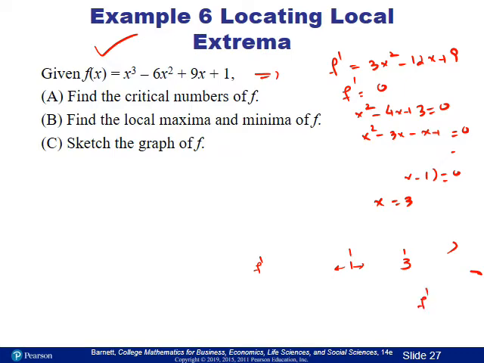If I substitute 0 into the derivative, it is 0 minus 0 plus 9, so plus 9 means that f dash of 0 is positive. So before 1 it is positive. Now after 1 I can substitute 2 and check whether f dash of 2 is positive or negative.